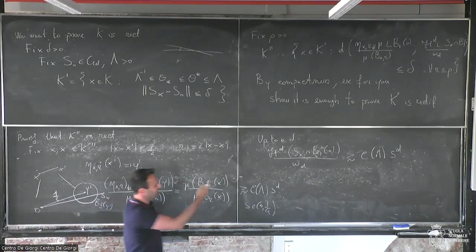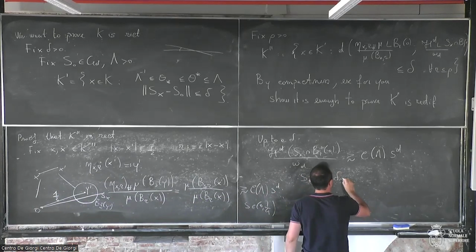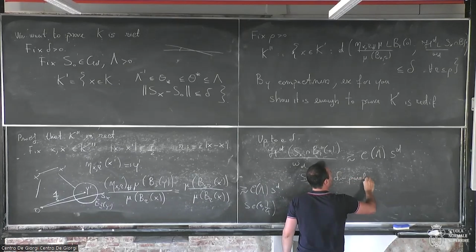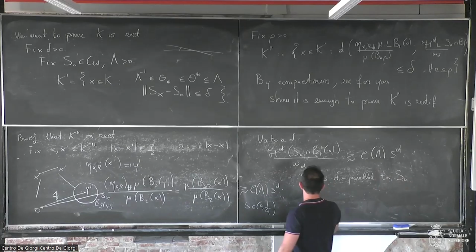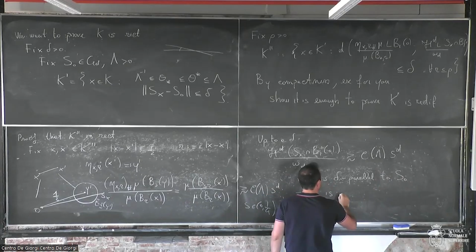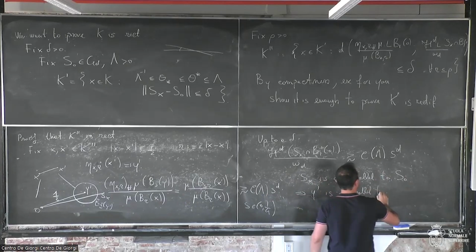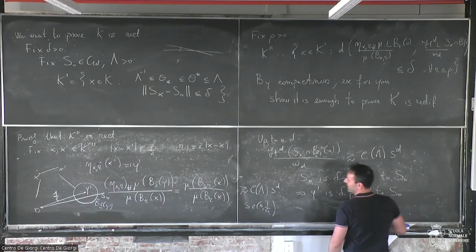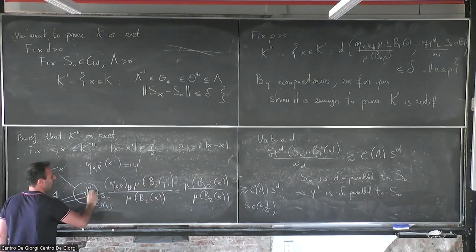So in particular, Sx is delta parallel to S0. So what do we deduce? We deduce that y prime is delta parallel to S0, right? Because we just showed that this guy here is delta.